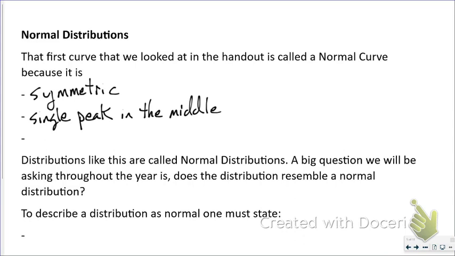And lastly, you can say bell-shaped or mound-shaped. And distributions like that are actually called normal distributions, because that's a really typical distribution for data.